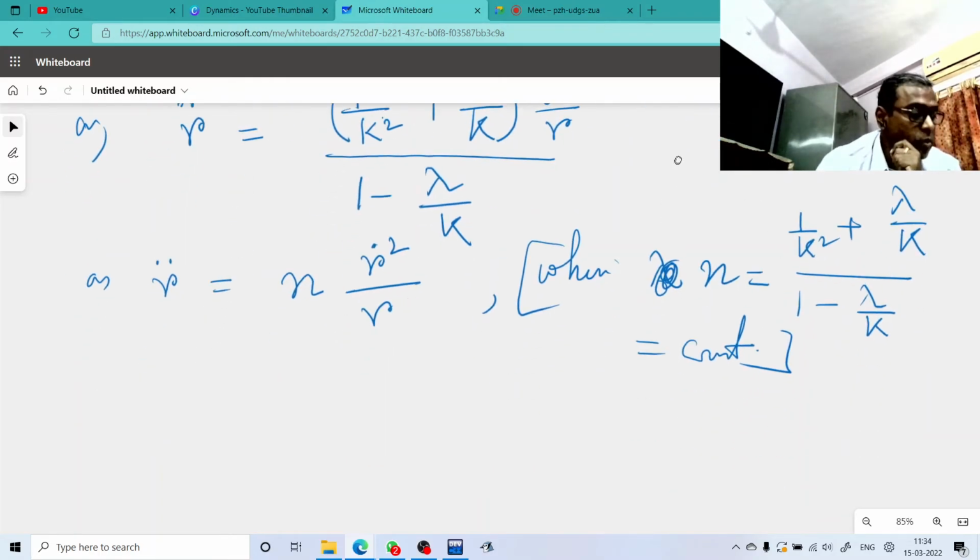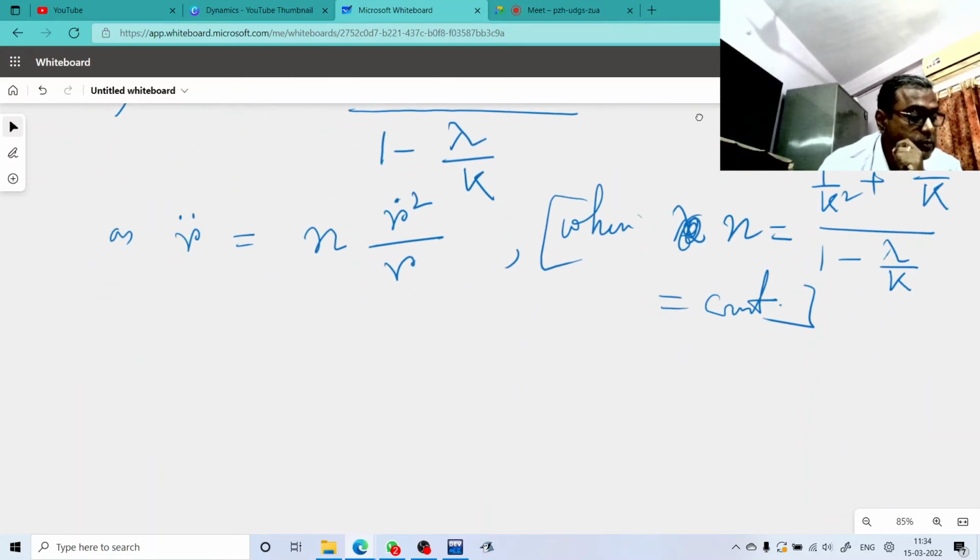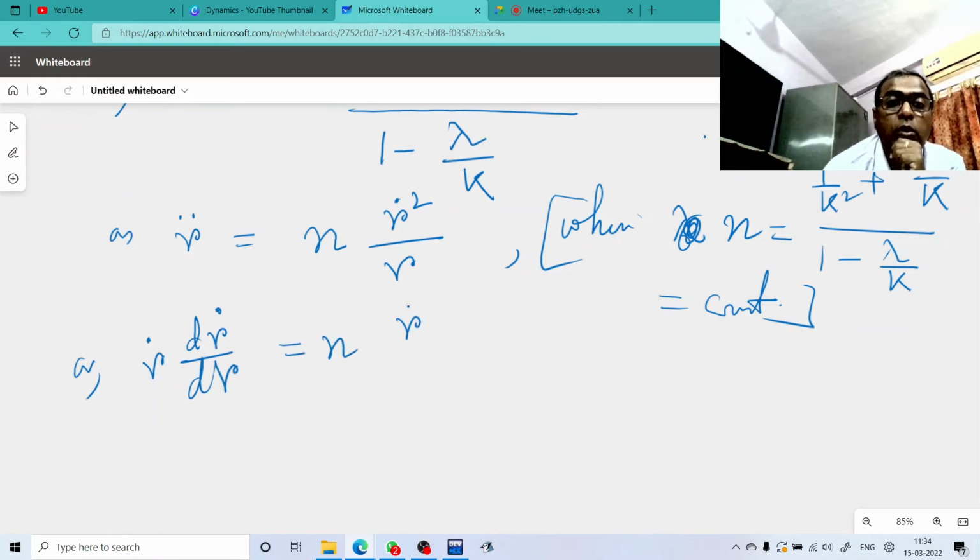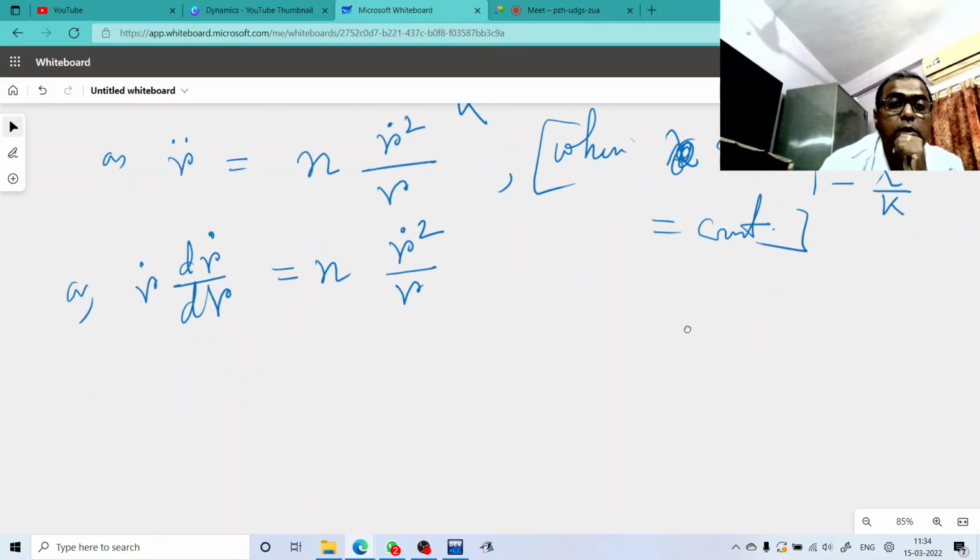So r double dot equal to this. Now r double dot can be written as r dot into dr dot by dr, equals n into r dot square by r. Why is r double dot equal to this?